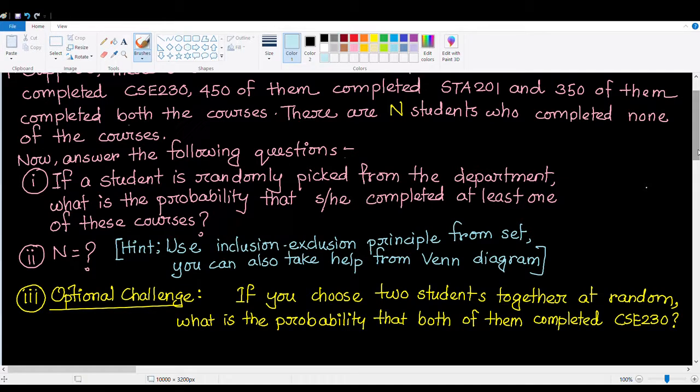Determine in how many ways you can choose two students from the 1000 students of the Department of CSE, then find in how many ways two students can be chosen from the students who completed CSE 230. Just dividing will give you the answer. I hope I have just solved this problem for you, but try it yourself.